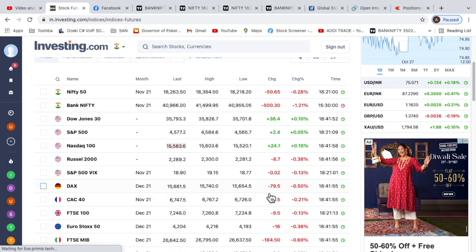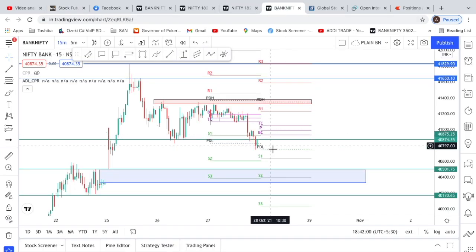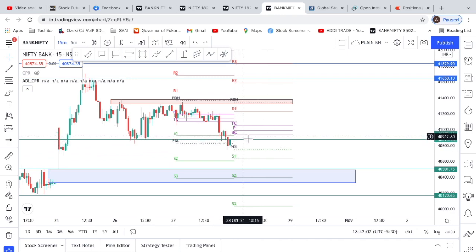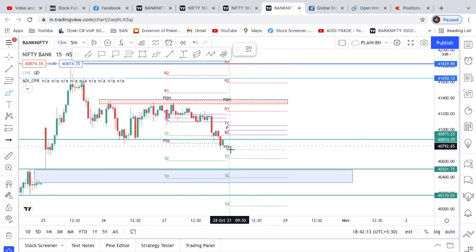So because of this, we might have a flat opening somewhere in this region between the CPR and the previous day low. And ours is a monthly expiry, right? So we could have a pretty volatile move on the upside or downside tomorrow. But for option buying, I'm looking at a few possibilities here.